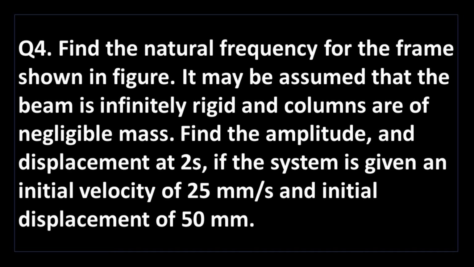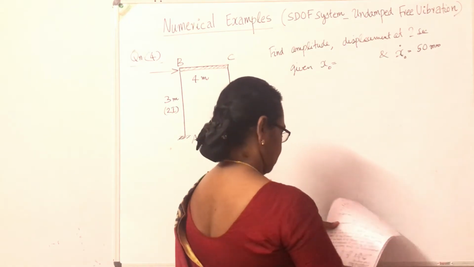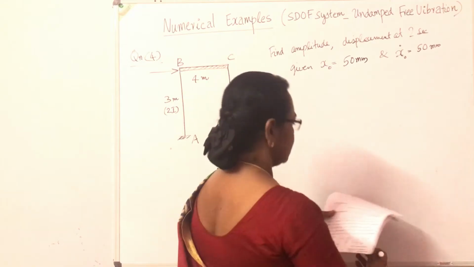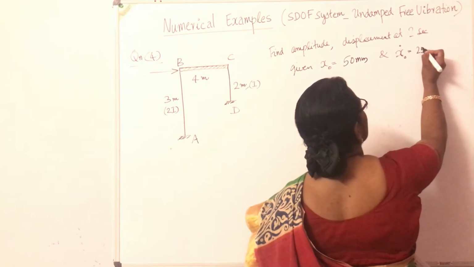Find the amplitude and displacement at 2 seconds, if the system is given an initial displacement of 50 millimeter and an initial velocity of 25 millimeter per second.